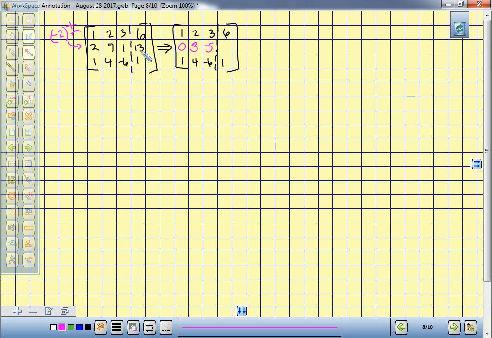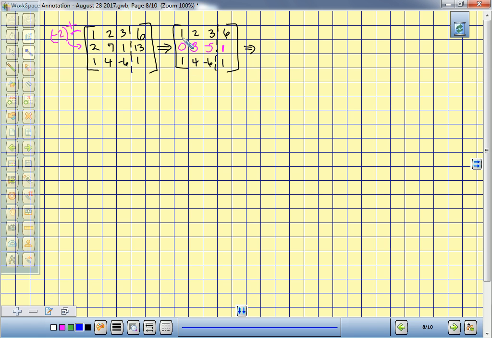This is interesting, and it makes a lot of sense, because we've already done this before with substitution and elimination. It's just a pretty way to organize it. Currently all this is equal to 6, 13, and 1.